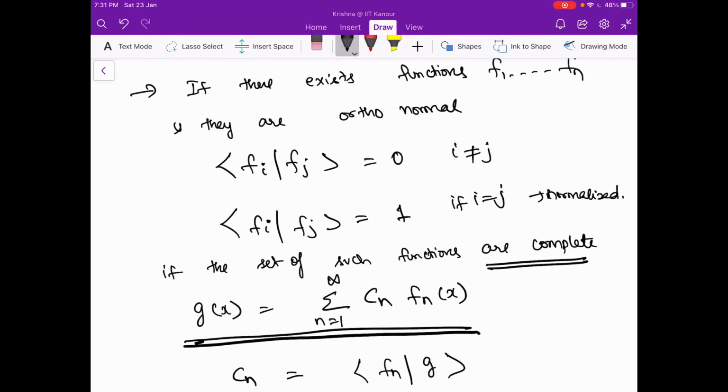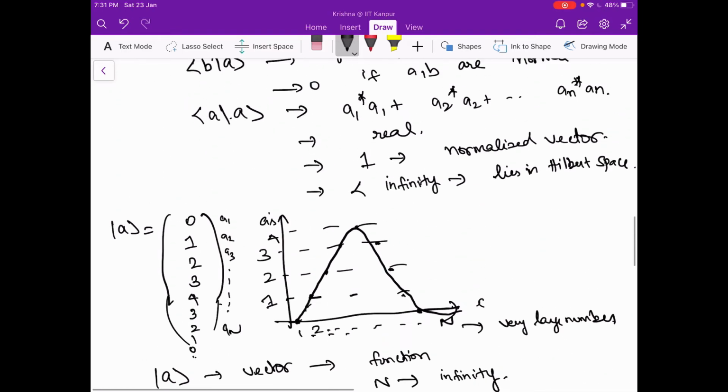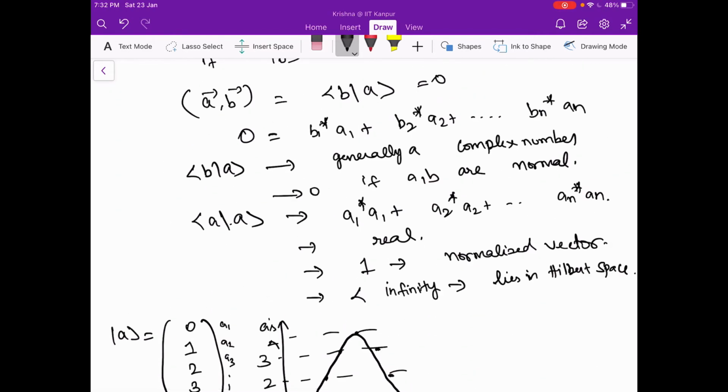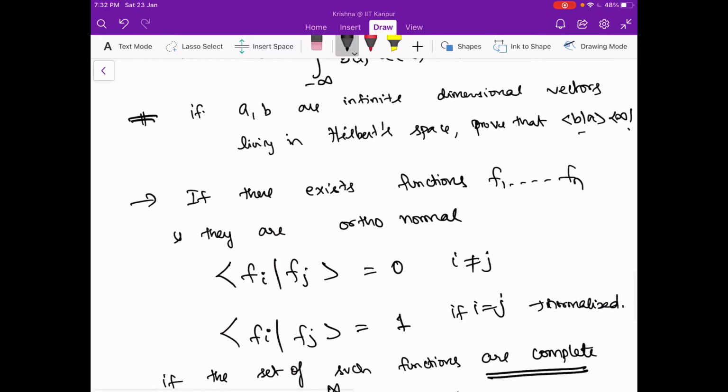Here there is a pitfall which I'm just mentioning, and we will not go into it because it is beyond the scope of our work, right? We said that if you have an n-dimensional vector space, you will have n linearly independent vectors. Now if we take a function in an infinite dimensional space, what is the number of functions that you can find which are linearly independent?